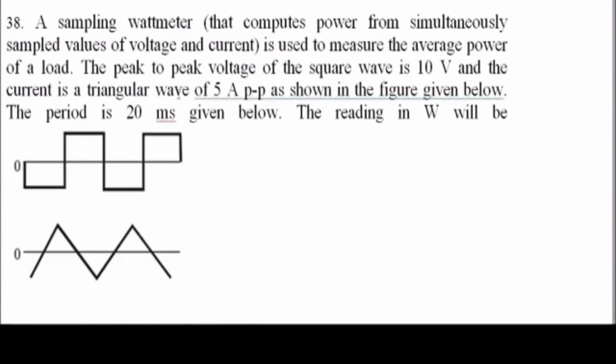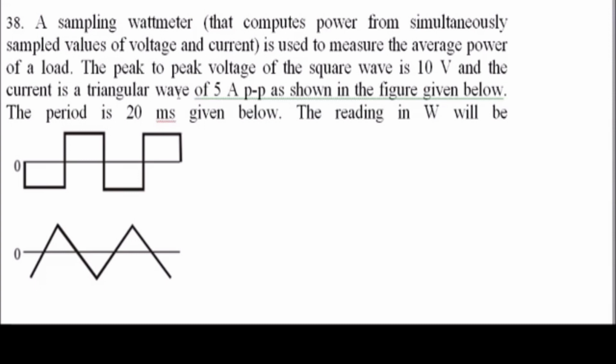You can see one more type. This is also one of the questions which has been asked in the exam. A sampling wattmeter that computes power from simultaneously sampled values of voltage and current is used to measure the average power of a load.